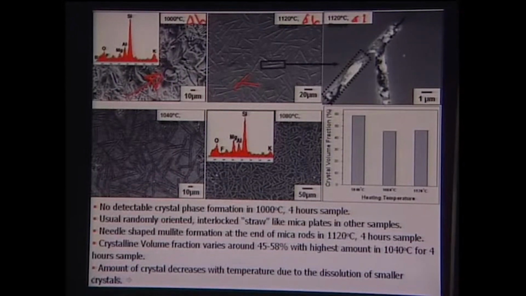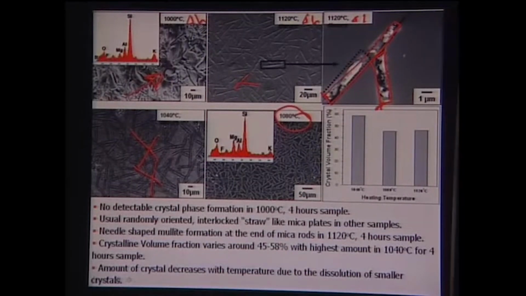You can see this is one mica crystal, this is another mica crystal, and they interact. At 1040 degrees Celsius also you will see different mica crystals growing in different directions. A similar observation has been made at 1080 degrees for 4 hours.